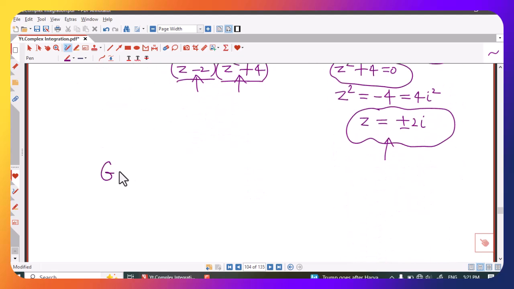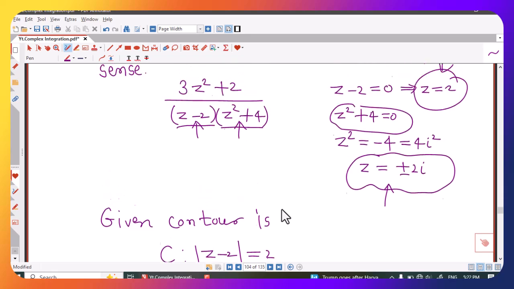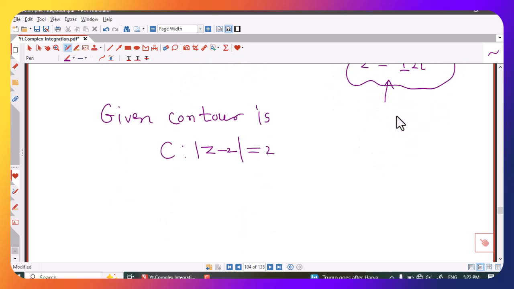So first we can write that the given contour is a circle with radius 2 and center 2, and if I want to check whether these points are inside or outside, I will put values of z in the left hand side.